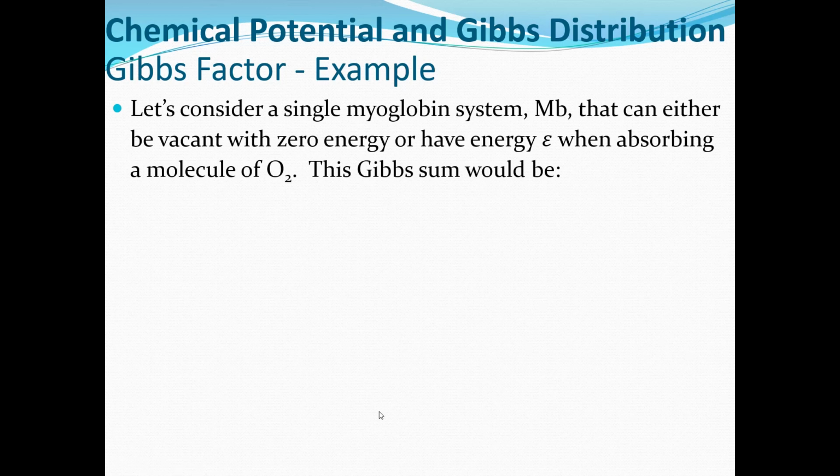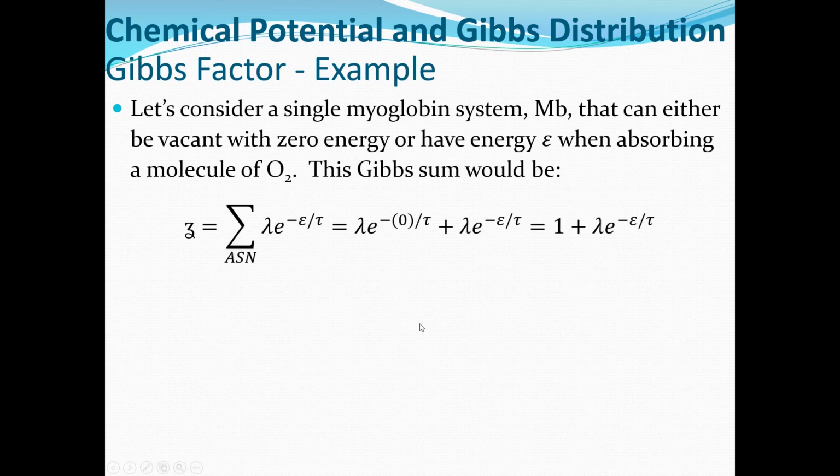So we can look at an example with the Gibbs factor. Here we can consider a single myoglobin system that could either be vacant with zero energy, or occupied with an energy of epsilon by absorbing an oxygen molecule. And as we know, the Gibbs sum will look something like this.